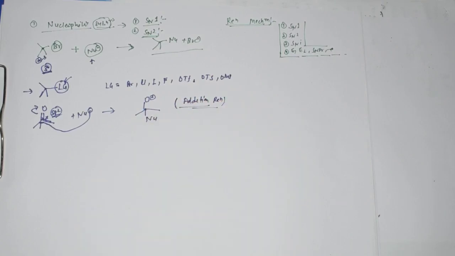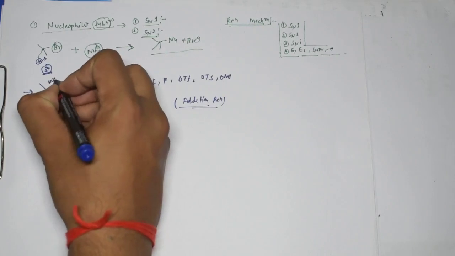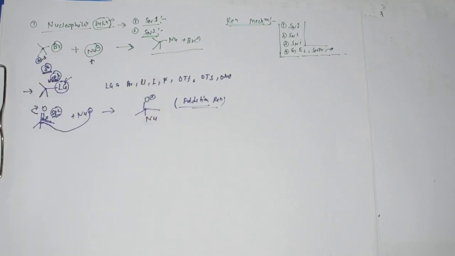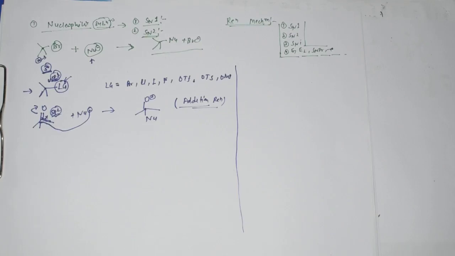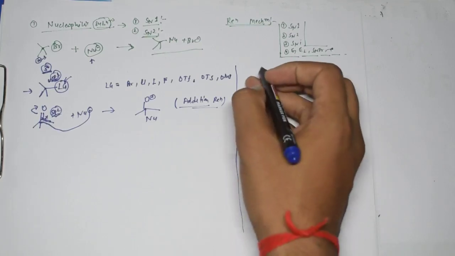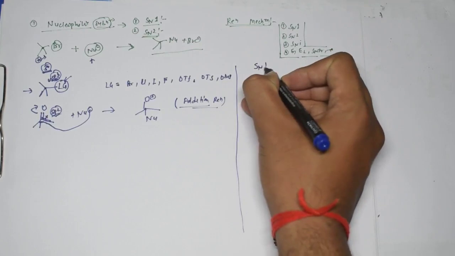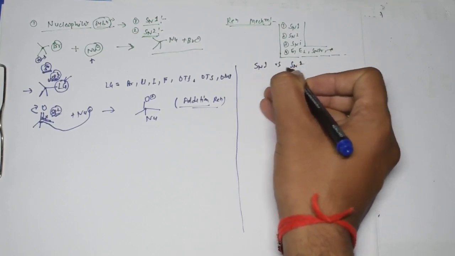So the first thing is, in nucleophilic substitution reactions, especially SN1 and SN2, the carbon at which the substitution will take place should be sp3 hybridized. It should be sp3 hybridized, right? Now let's talk about some points on SN1 and SN2. So what happens in case of SN1 and SN2? SN1 versus SN2.